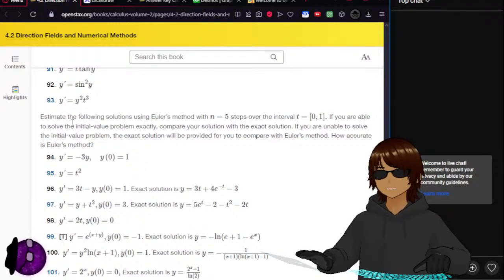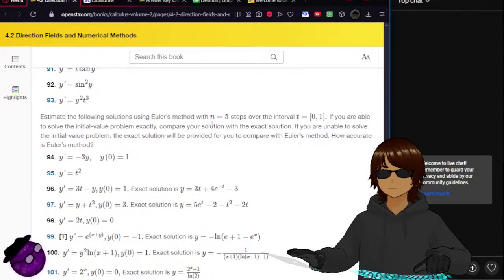If you're able to solve the initial value problem exactly, compare your solution with the exact solution. If you're unable to solve the initial value problem, the exact solution will be provided to you to compare with Euler's method.